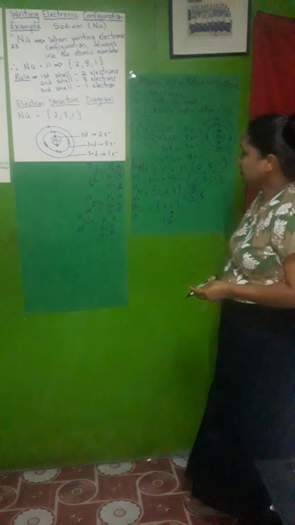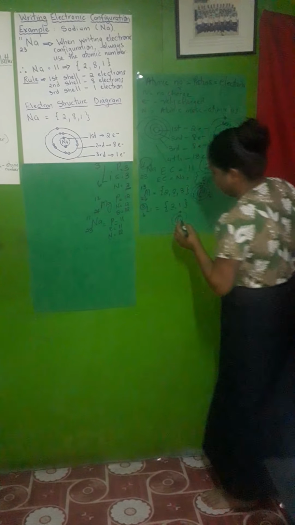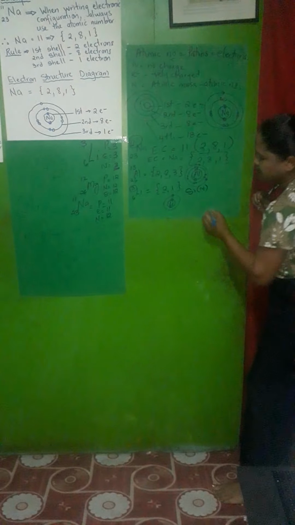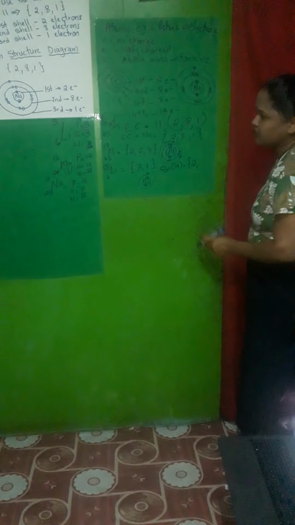Silicon, the atomic number of silicon is 14. It is given in the question in your worksheet. Therefore, the first shell can occupy 2 electrons according to the rule.